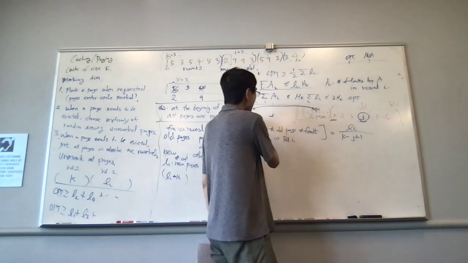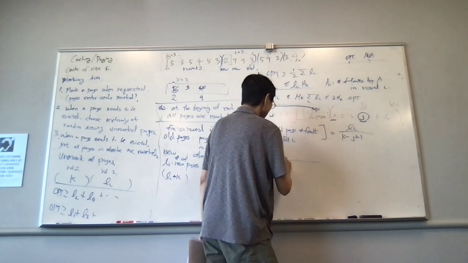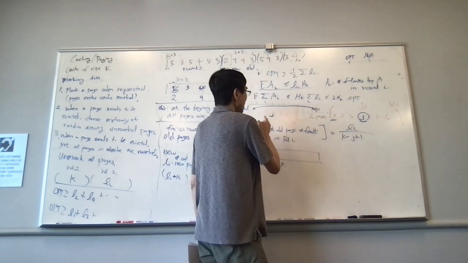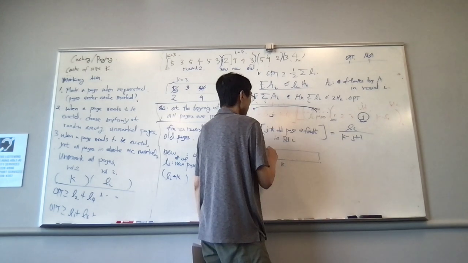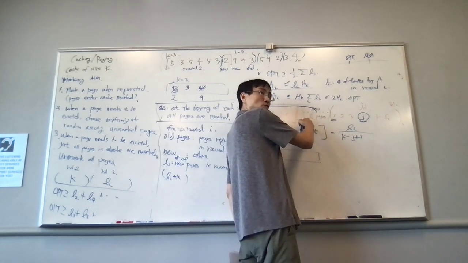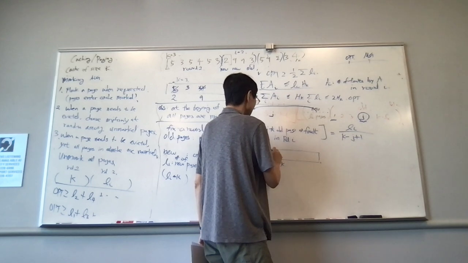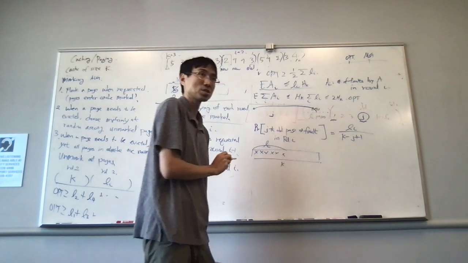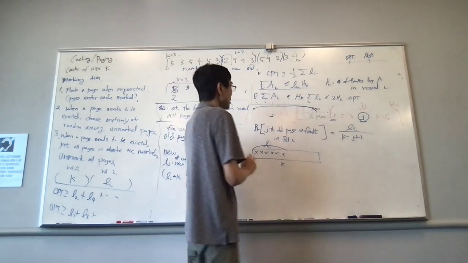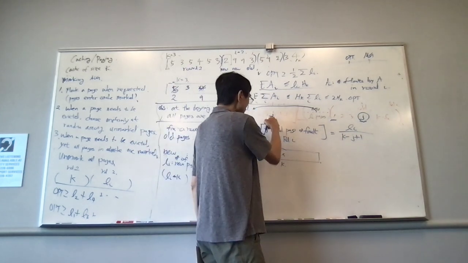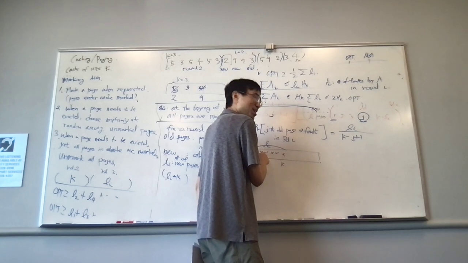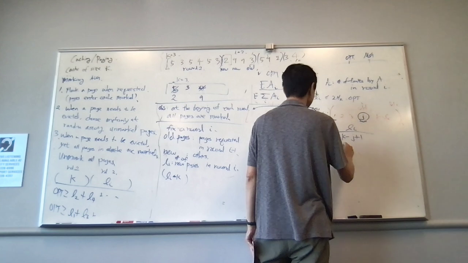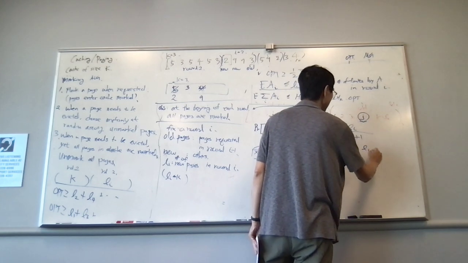The cache size is k, and there are Li new pages, which will evict Li pages. Then what's the chance that page one is among them? If j equals 1, it'll be exactly Li divided by k.